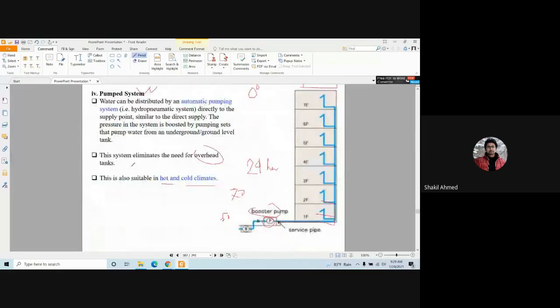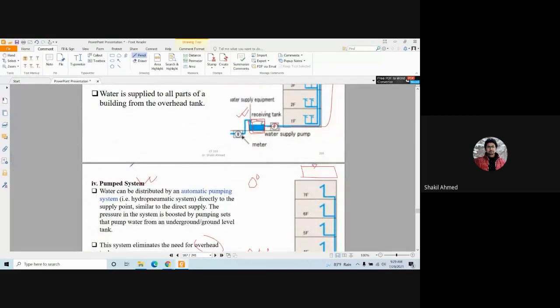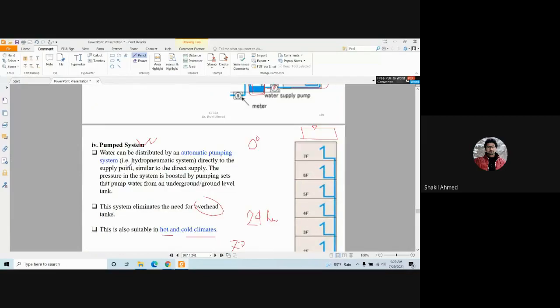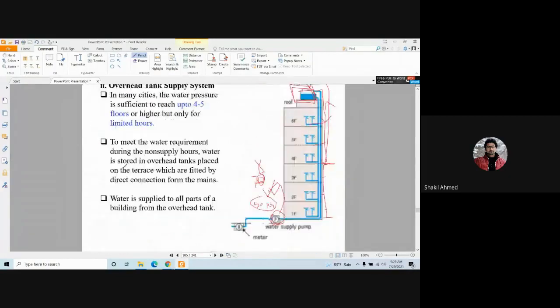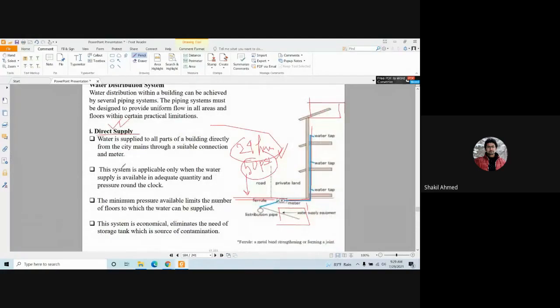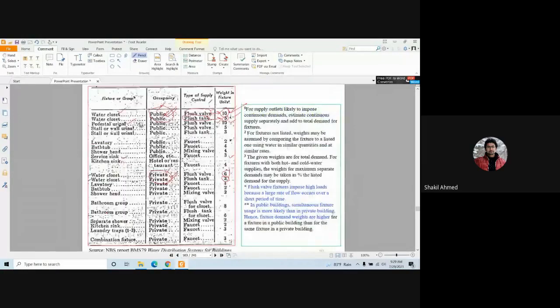We were talking about fixture unit, right? We are talking about fixture unit.